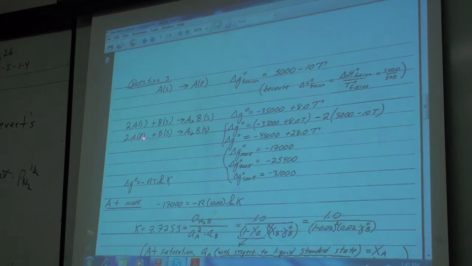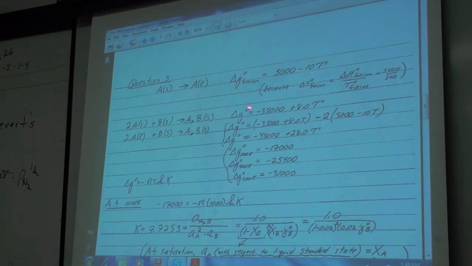I want it from liquid A. So I have to convert this equation to this formation equation from liquid A and solid B. So I have this equation. Solid A gives you liquid A. That's the Gibbs energy of fusion, which is 5,000 minus 10T. Because the entropy of fusion is 5,000 over T of fusion, and we're assuming H and S are independent of temperature. So the Gibbs energy of fusion is the heat of fusion minus T times 5,000 over 500.